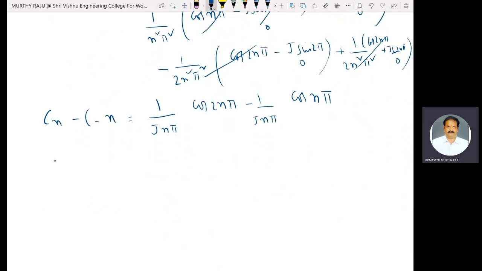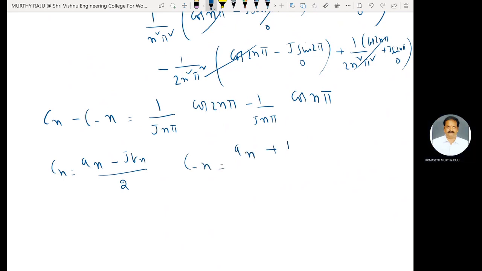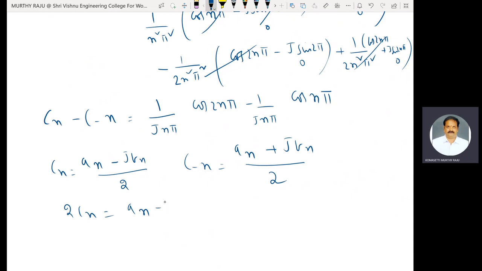We know that Cn is equal to (An minus jBn) by 2, C minus n is equal to (An plus jBn) by 2. 2Cn is equal to An minus jBn, 2C minus n is equal to An plus jBn.